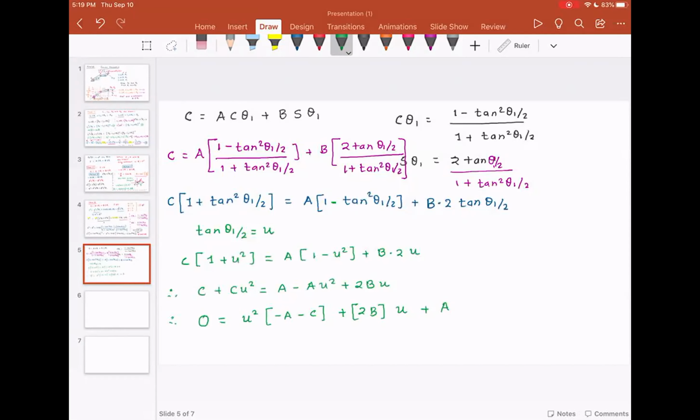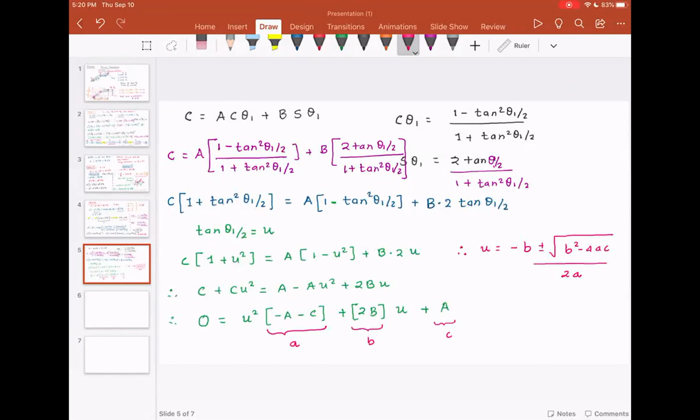So this is a simple quadratic equation wherein this is A, this is B, this is C. So u is equal to minus B plus minus square root of B square minus 4AC divided by 2A.